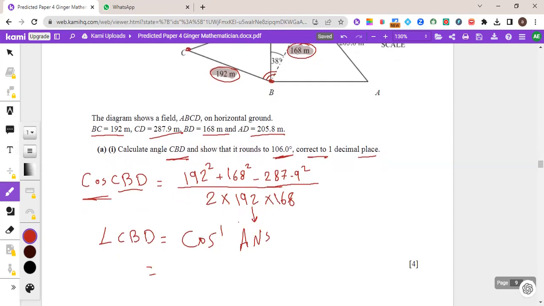It is 106.015. Correct to one decimal place will be 106.0 degrees. I wish you understand it, guys.